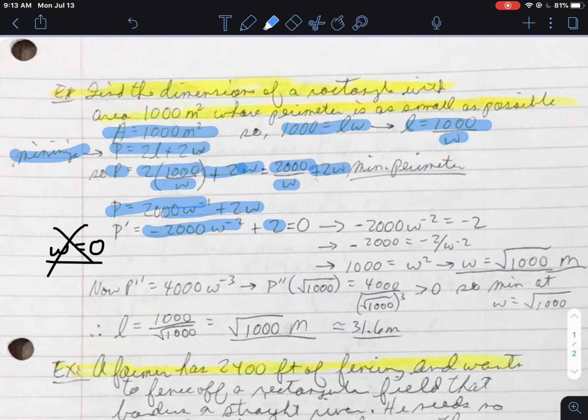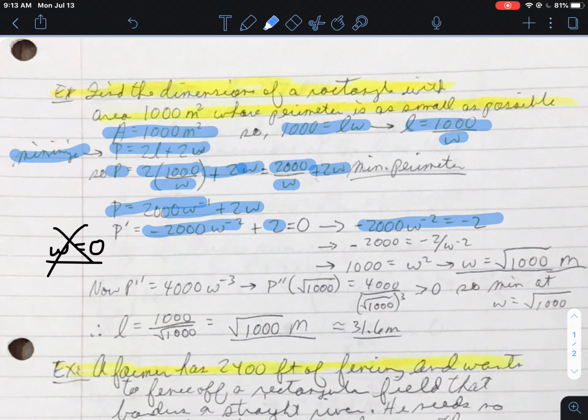Then I divided by W to the negative 2, divided by negative 1 as well, and divided by negative 2, or we could do it either way.